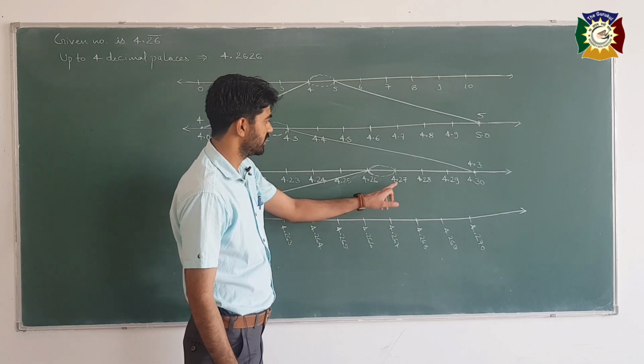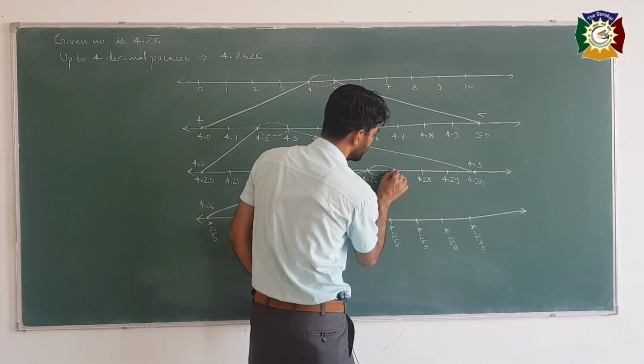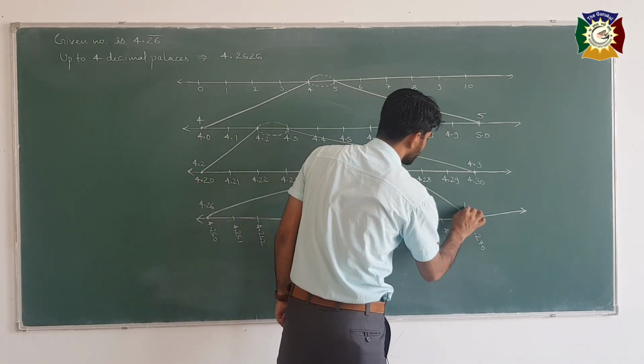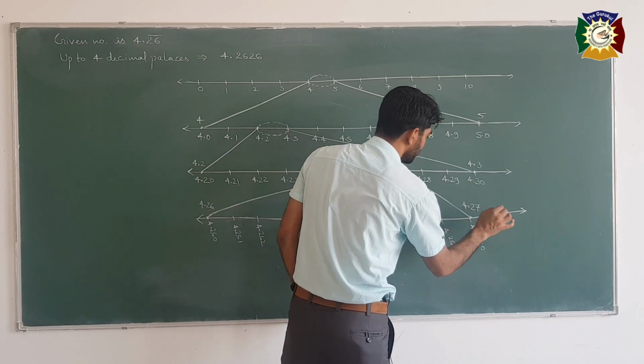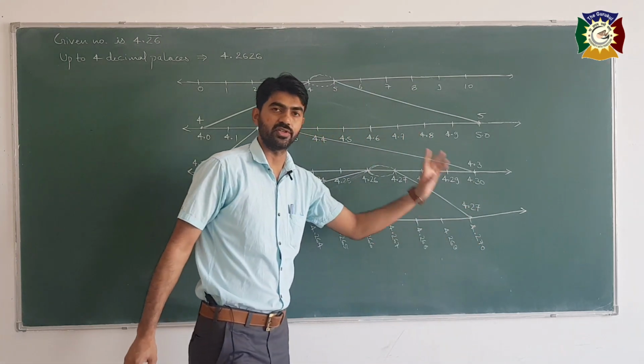So this is nothing but 4.27, which can be written as 4.270.